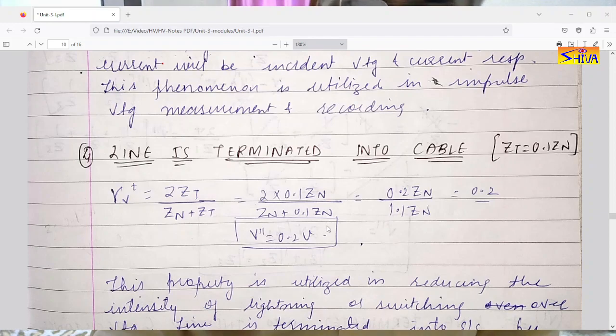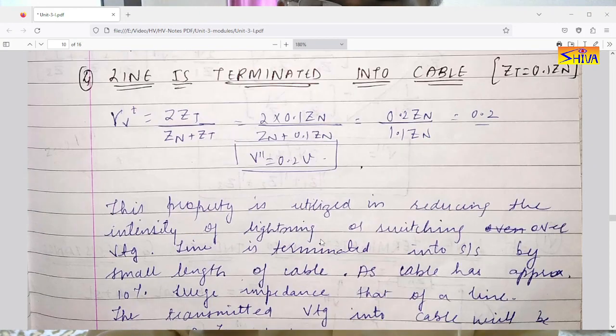So for further discussions, we will be deriving only the expression for transmitted voltage. Once we know the value of transmitted voltage, we can find out the value for the transmitted current also. So if line is terminated into cable, the transmitted voltage will be only 20% of incident voltage.